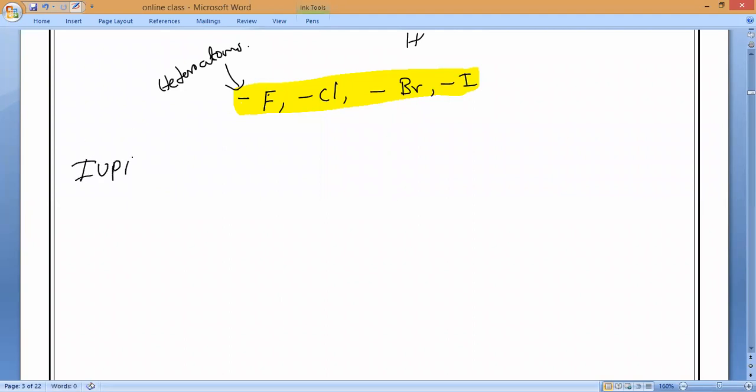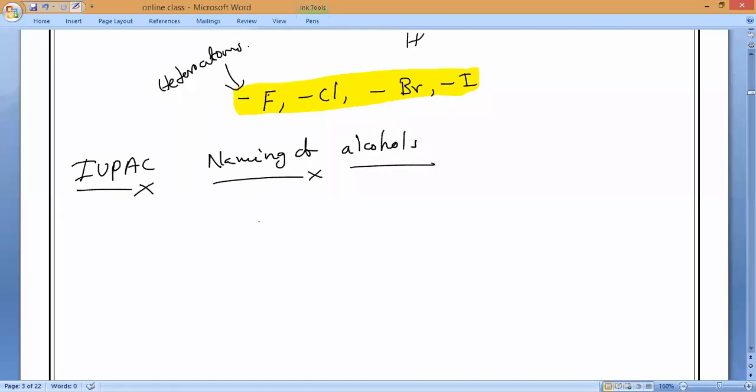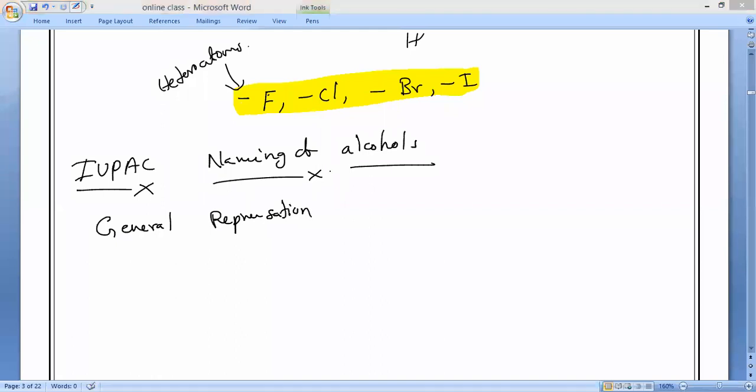So you can all write. We will write 5 compounds, at least 4. IUPAC naming of alcohols. Okay, everybody, remember the general representation. Everybody should write quickly. Yes, Kevin.